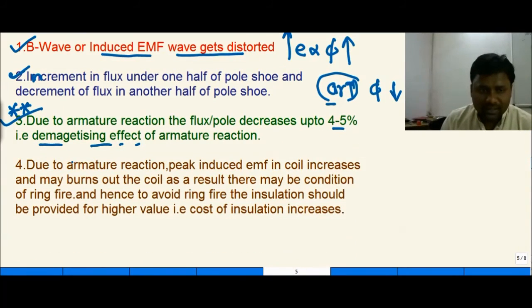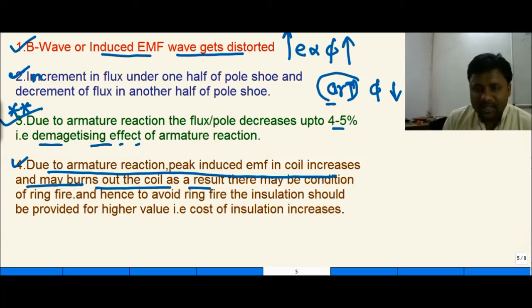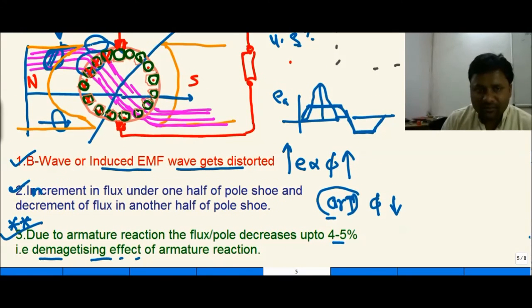The fourth thing we already understand is that due to armature reaction the peak induced EMF in the coil increases and may burn out the coil. As a result, there may be a condition of ring fire, and hence to avoid the ring fire the cost of insulation should increase.